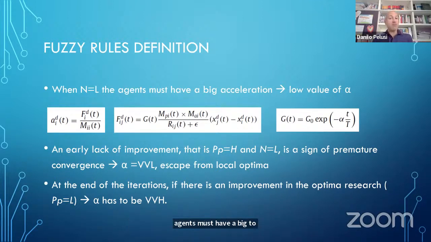To obtain a big acceleration, because we have to escape from trapping, it's very important to have a low value of alpha.